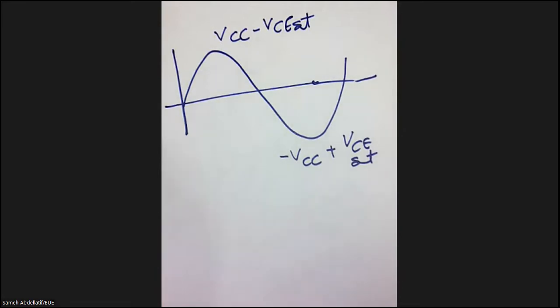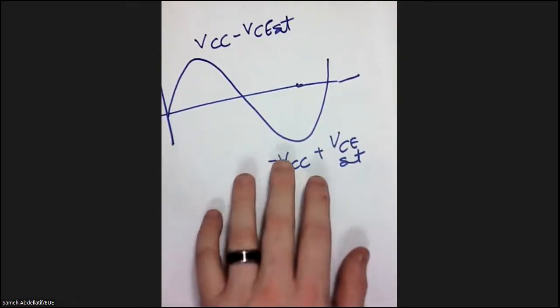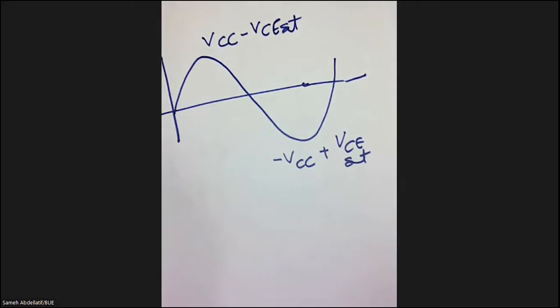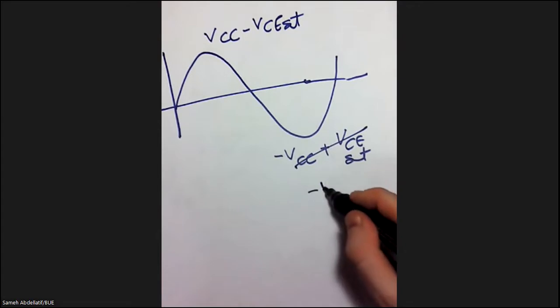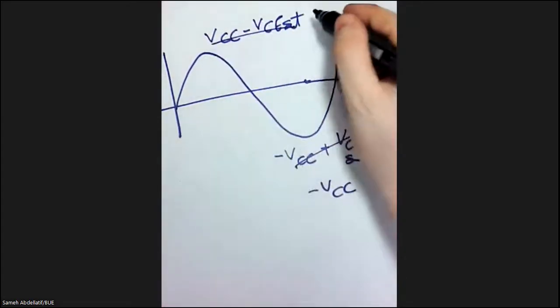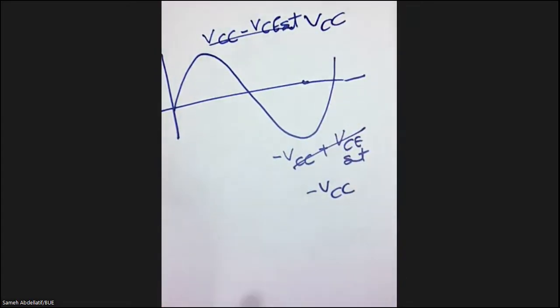But in this stage, Cedra tried to make life more simple and told us, let's assume that this VCC is much greater than VCE sat. So we can simply say that this variation is from negative VCC to VCC. And this is just an approximation to make life easy mathematically and in form of representation.